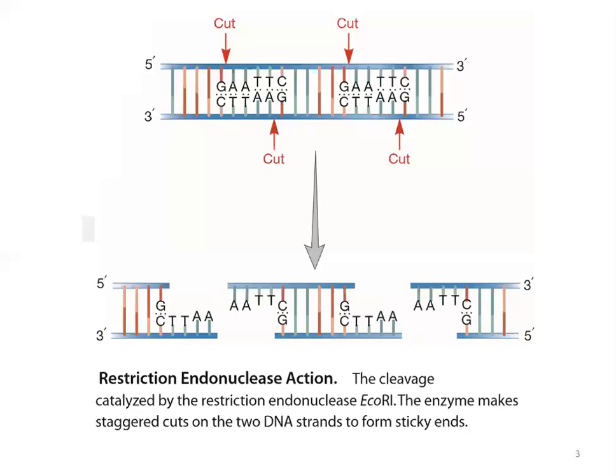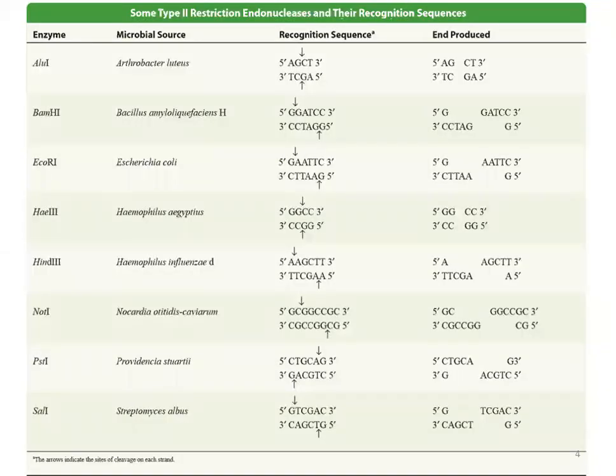There are so many restriction endonucleases with different recognition sites. Here you can see the list of restriction endonucleases and their recognition sequences. These enzymes are extracted from microbial sources, and the names of these enzymes mostly depend upon the name of their microbial source.